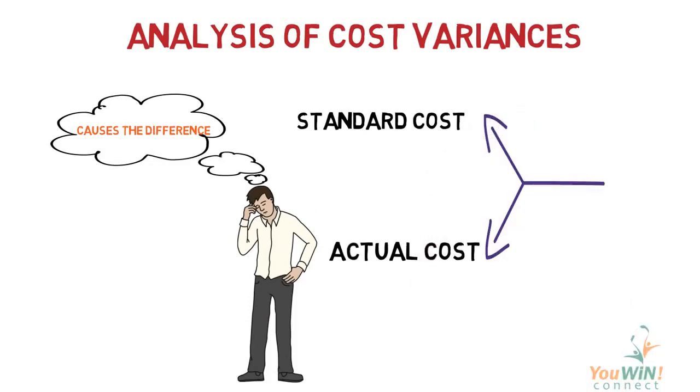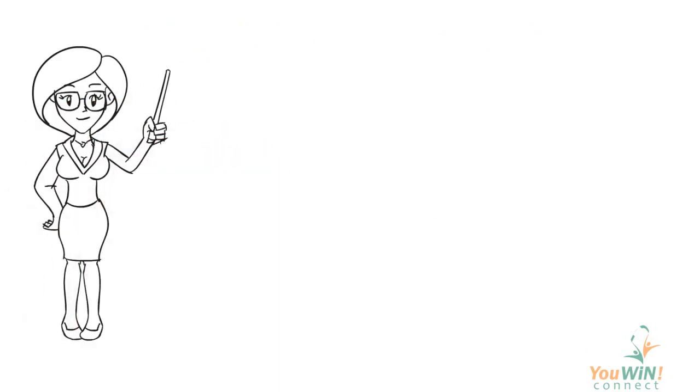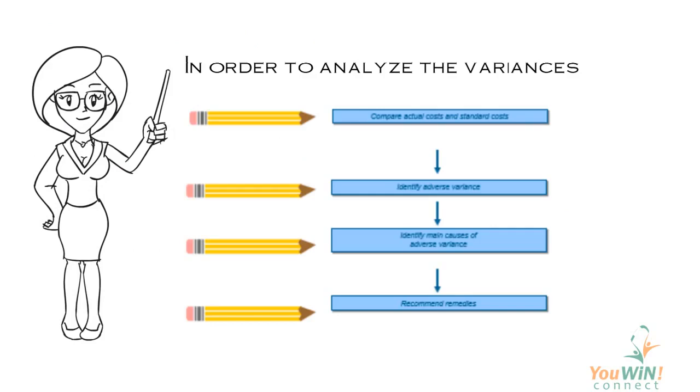The difference between the standard cost and the actual cost is referred to as cost variance. To control the cost, we must identify what the causes of these variances are. In order to analyze the variances, we first must compare the actual cost and the standard cost. Secondly, we identify if the variance is adverse or favorable.